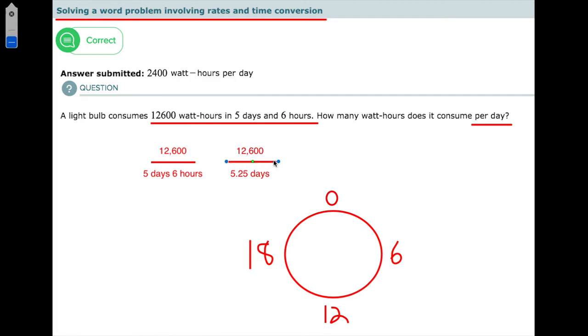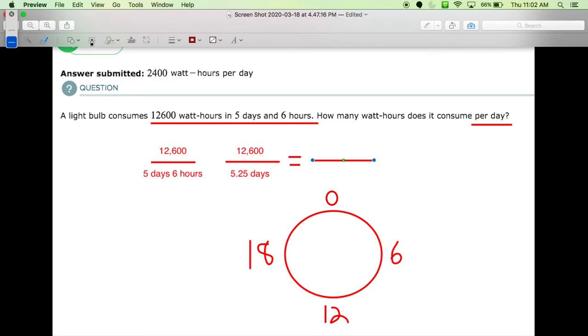So we're going to go ahead and use this as our proportion. So this is equal to this other proportion, and that's what we're going to have to solve for.